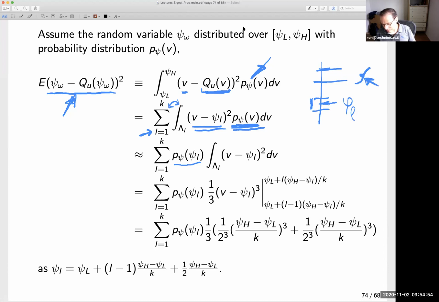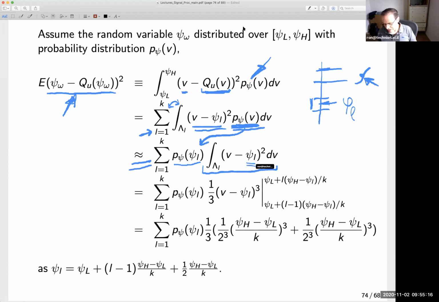So I can push this probability out of the integration, and therefore I have here an approximation sign. And this would multiply the energy of subtracting V inside the interval minus the value of this interval.